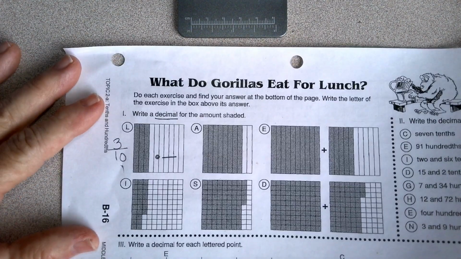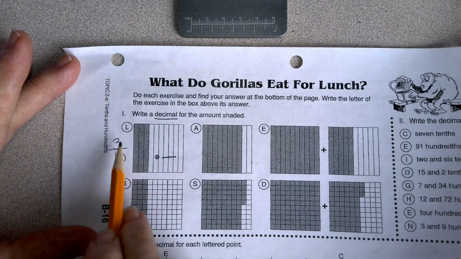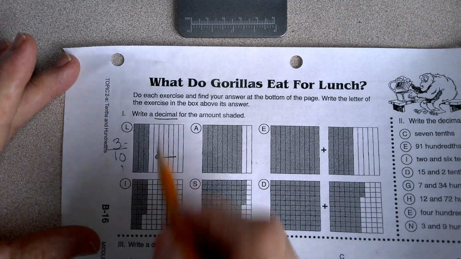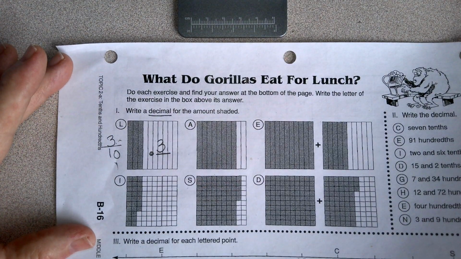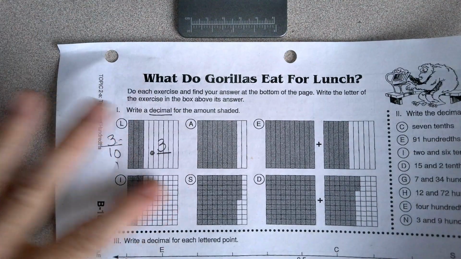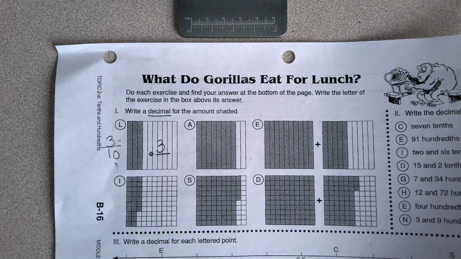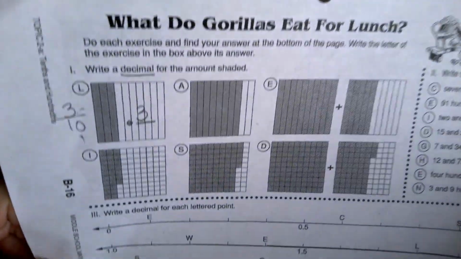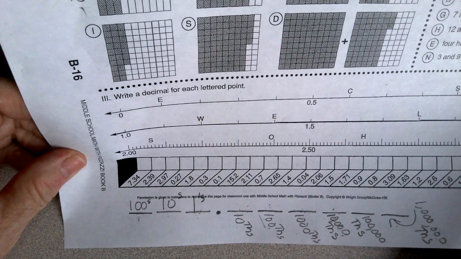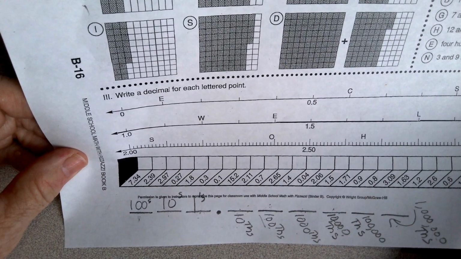I'm going to put one line. And guess how many tenths I have? 3. So it's 3 tenths. They sometimes put a 0 in the front to show you've got no whole, but you've got 3 tenths. So I'm going to find that answer at the bottom. That was the letter L. Let me keep a check on our time.